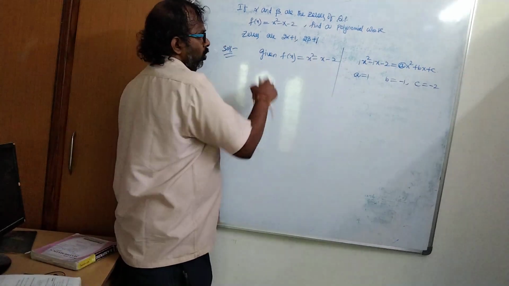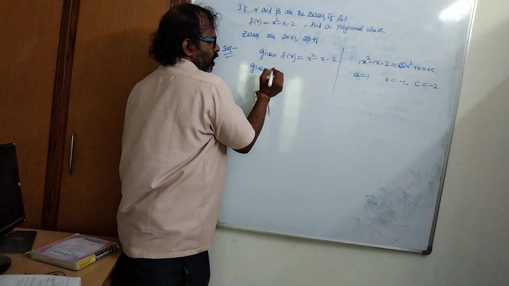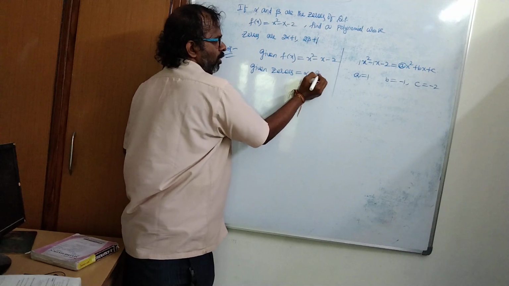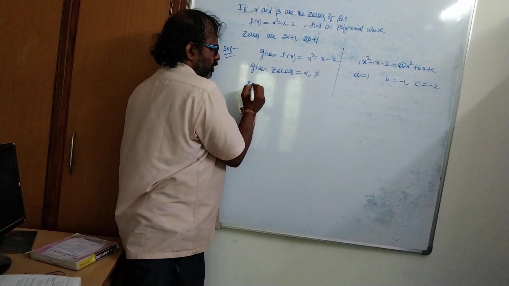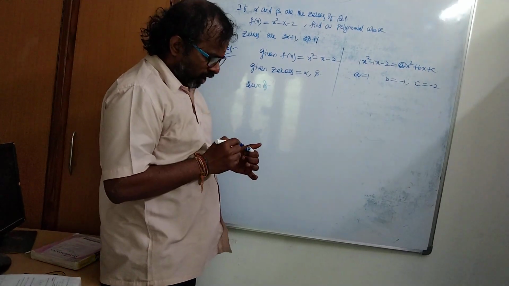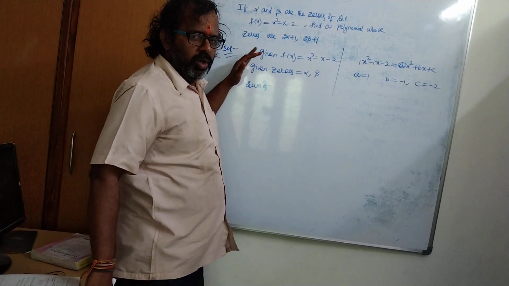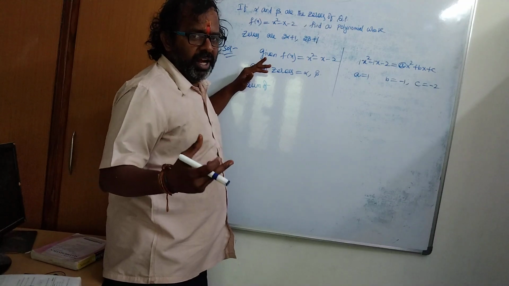Okay, so now what are the given zeros? Given zeros are alpha comma beta. Always remember, whenever you are doing a quadratic polynomial or any problem, first you have to write what all is given and what steps we can write from the given.